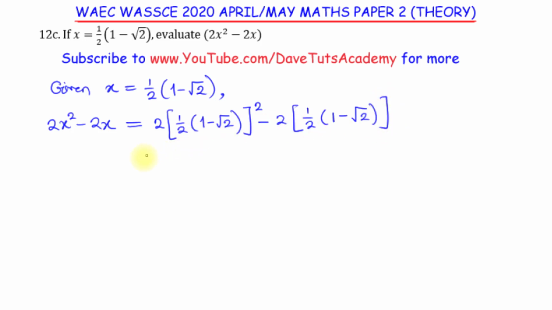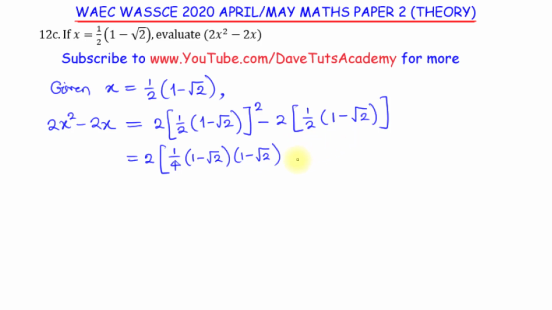Alright, so if I were to try and solve this, these two I'm still writing. The square of this, 1 over 2 raised to power 2, will become 1 over 4. Then 1 minus root 2 raised to power 2 will be 1 minus root 2 multiplied by 1 minus root 2.